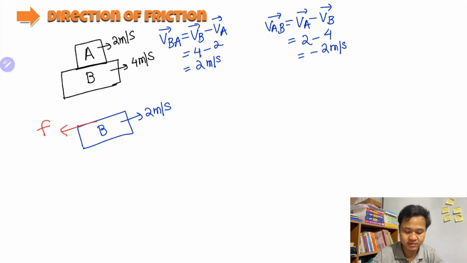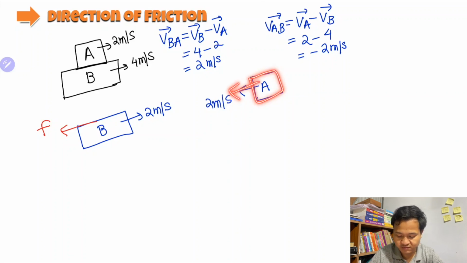So A is moving 2 meters per second towards the left relative to B.